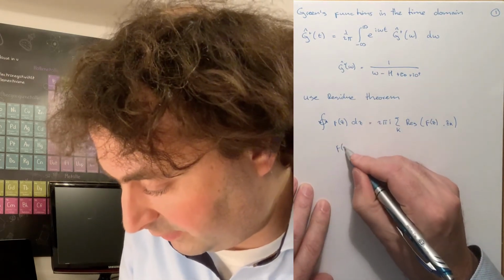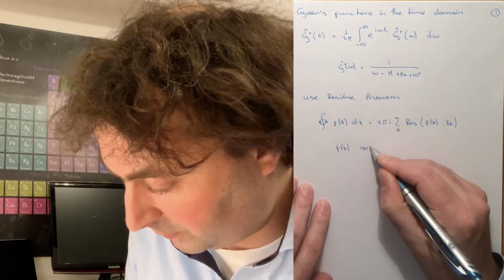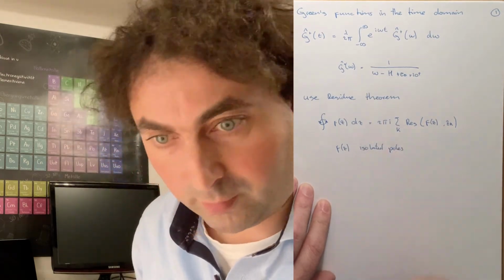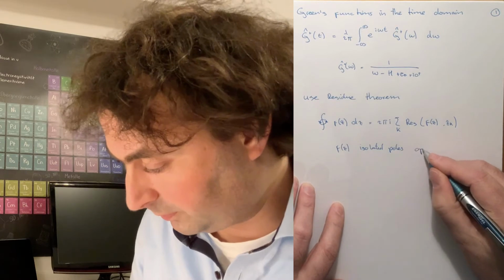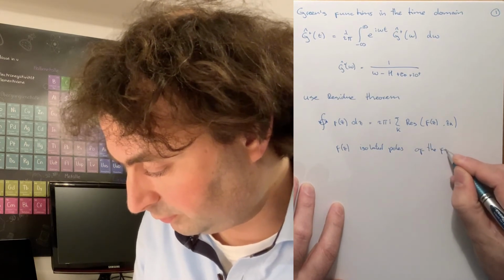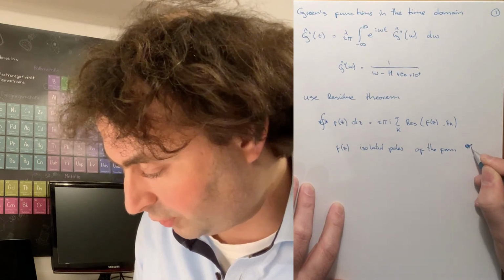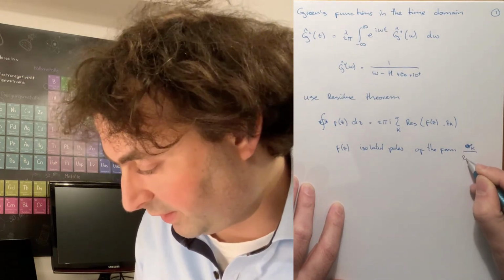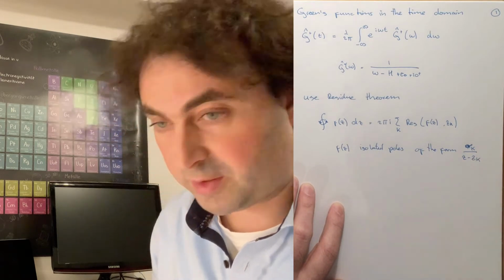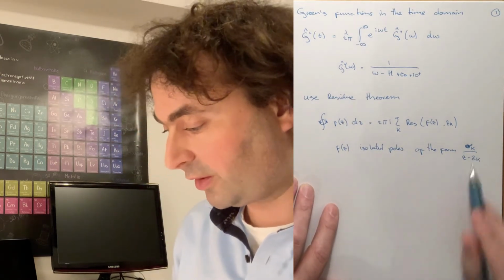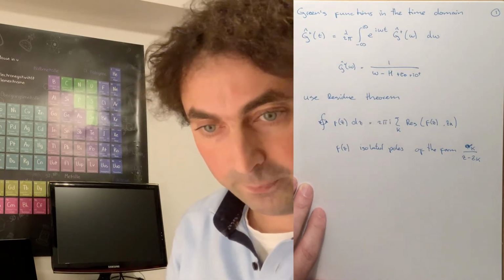And f(z) needs to have isolated poles of the form alpha k, our residue, divided by z minus z k, where z k is the complex number where your function diverges, and the residue at that point is alpha k.